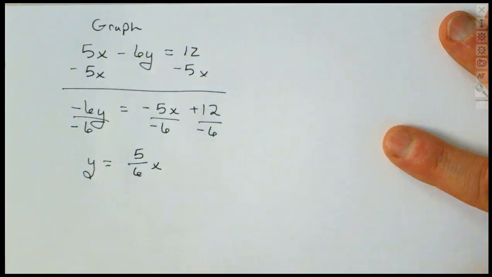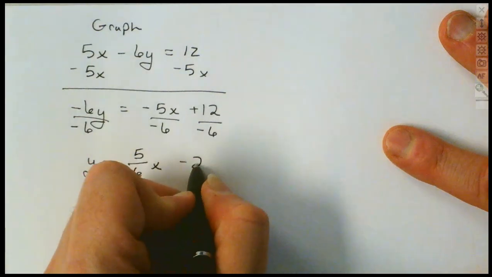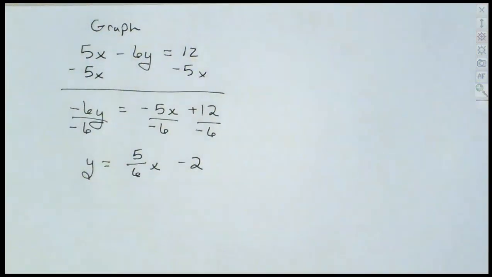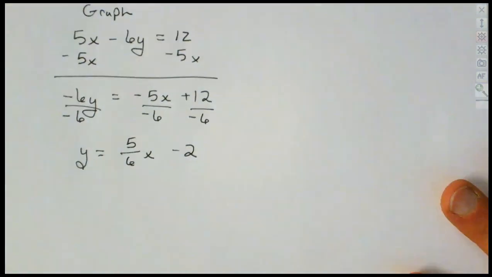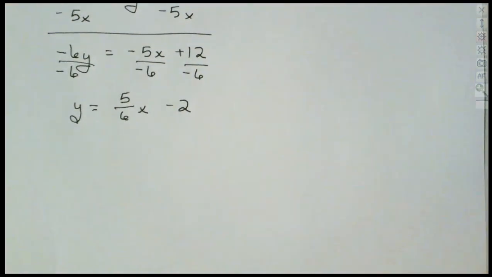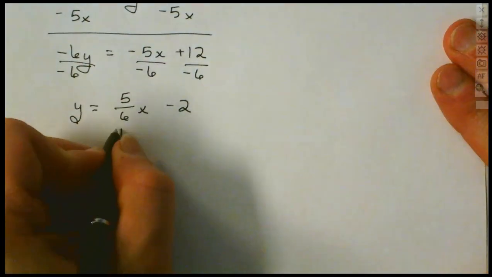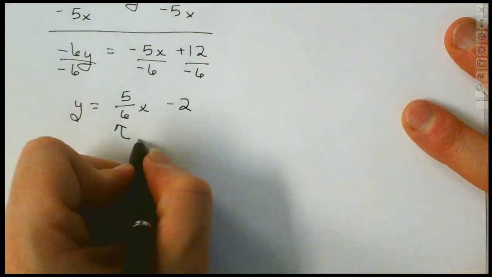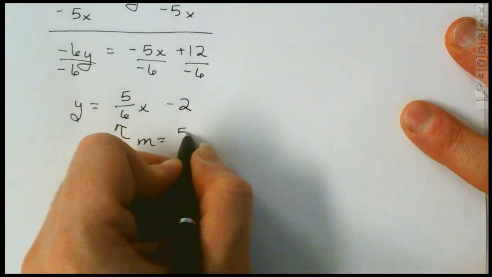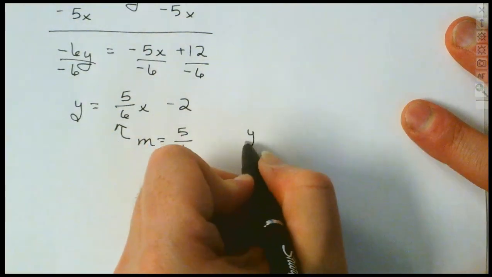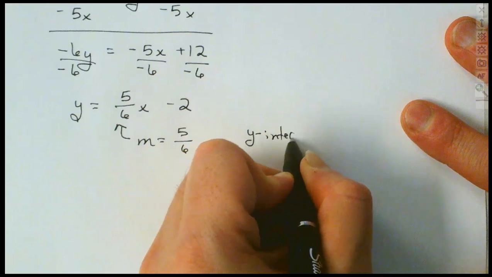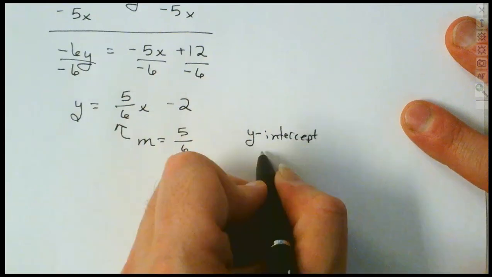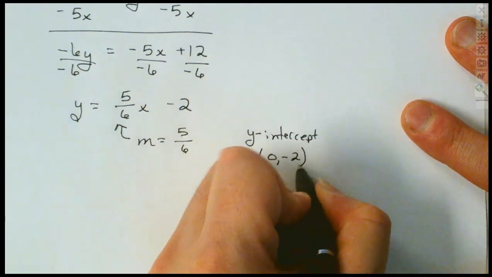And 12 over negative 6, well, that makes it a negative 2. Okay, so now it's been solved for y, so we can get our slope. My slope m is 5/6, and our y-intercept is 0, negative 2.